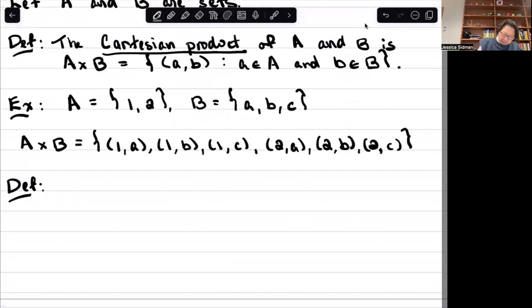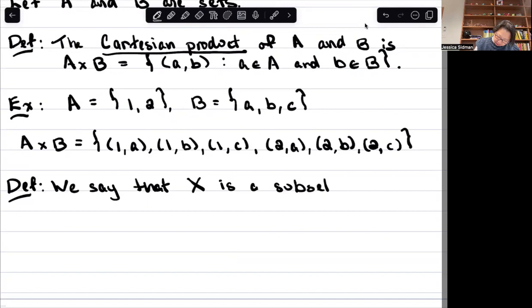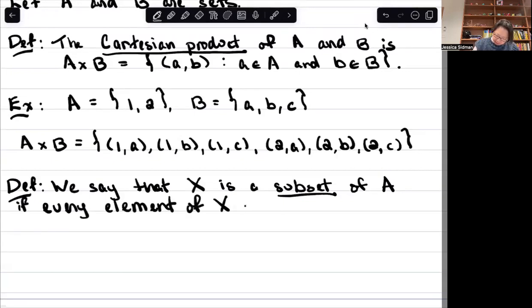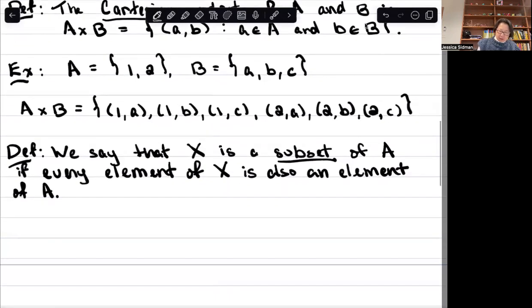So we say that a set X is a subset of a set A if every element of X is also an element of A.